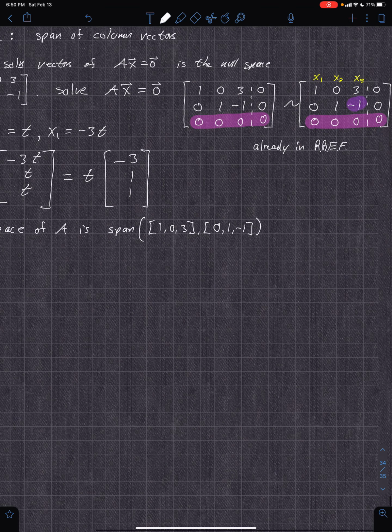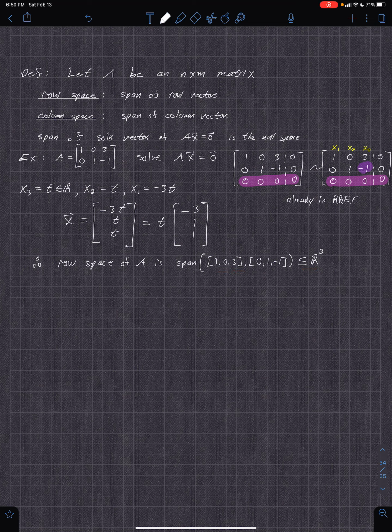And note that is a subset of R3, right? It's a set of vectors, scalar multiples, and you add them up, and it's a set. It has 3 components in each vector, and so that is a subset of R3.